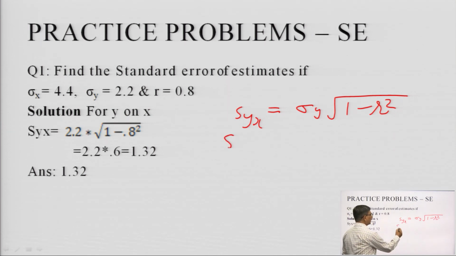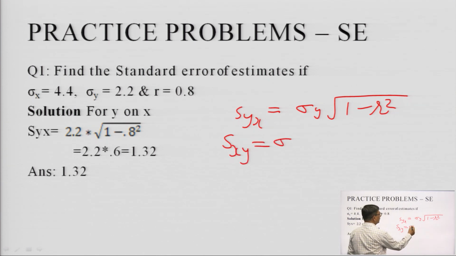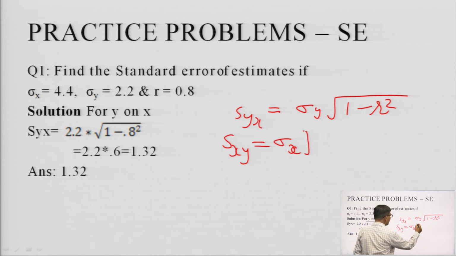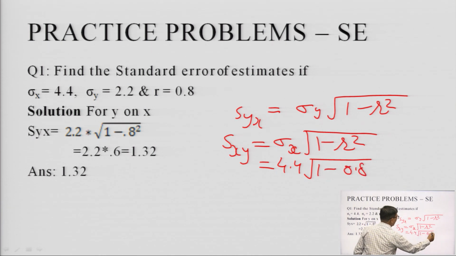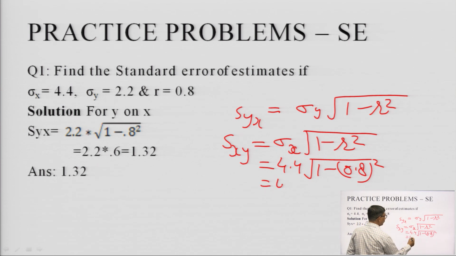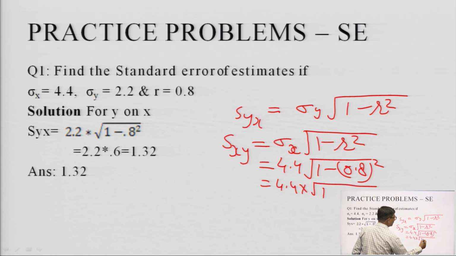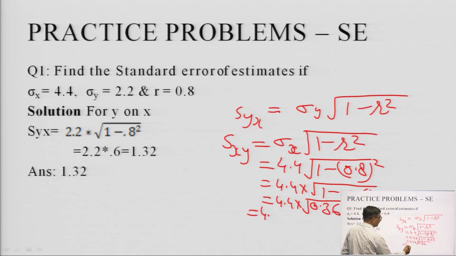Similarly, we can calculate the standard error of x on y, which is sigma x under root 1 minus r square, where sigma x equals 4.4. This is 4.4 into square root of 1 minus 0.8 square, which is 4.4 into square root of 1 minus 0.64, which equals 4.4 into square root of 0.36, which equals 4.4 into 0.6, and this is 2.64.